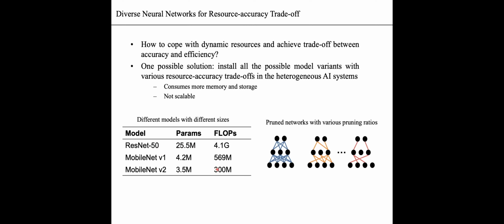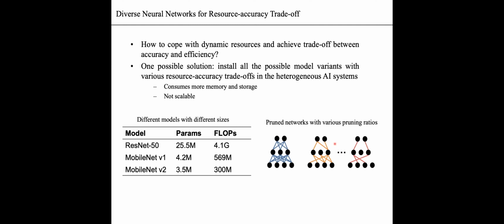Then, when the resource budget changes, we can switch among these models. We can also use pruning methods to prune a full network into different ratios, install these different pruned model variants on the device, and switch among them according to the dynamic budget.